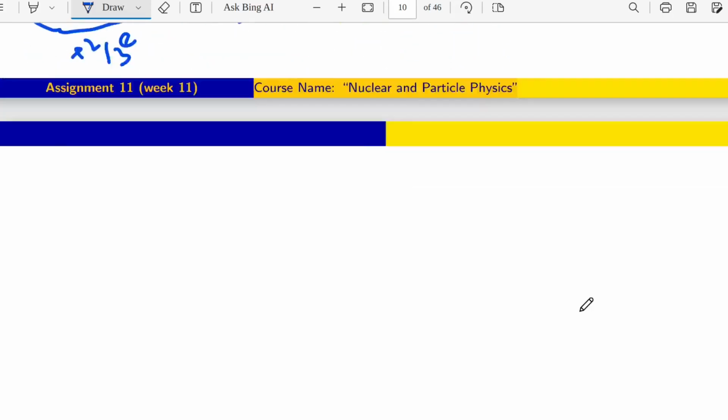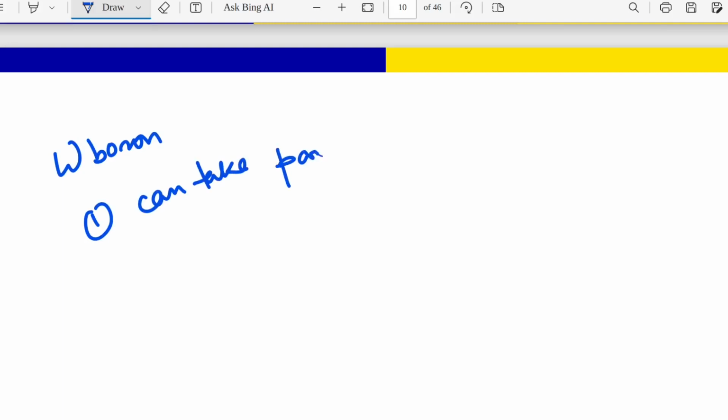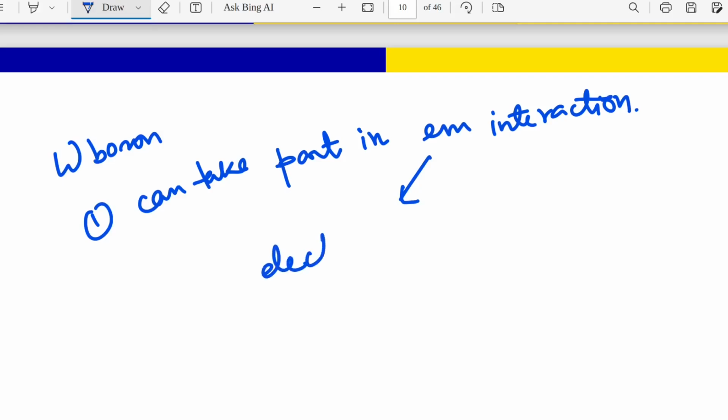As a summary, I can tell that the W boson can take part in EM interaction, meaning electromagnetic interaction.